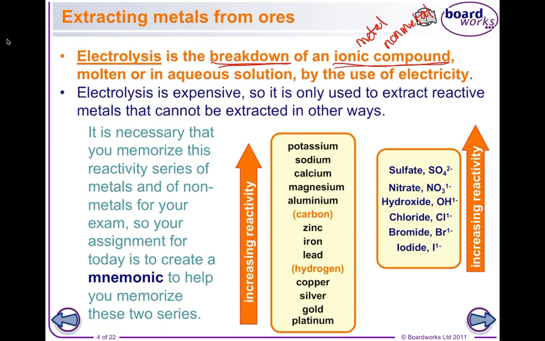And these ionic compounds have to either be molten, which means we just heat them to an incredibly high temperature to liquefy them, or they can be in an aqueous solution, which means dissolved in water. And we do this by using electricity. Electrolysis, though, is really, really expensive, but it's also the only way to extract reactive metals.